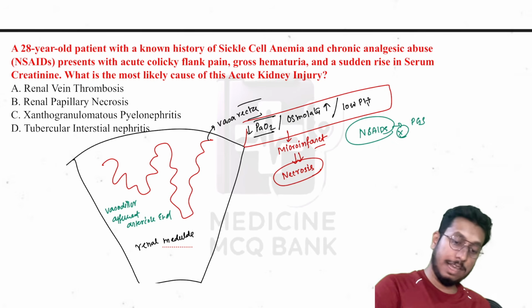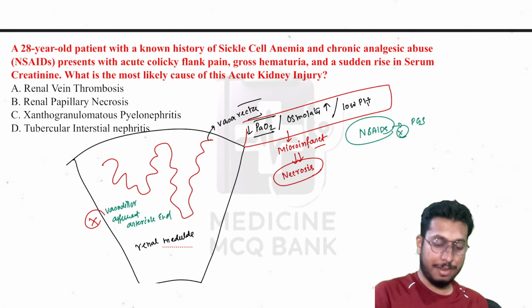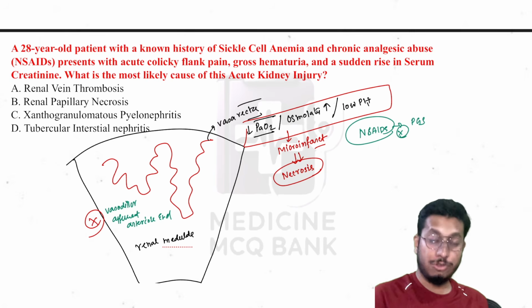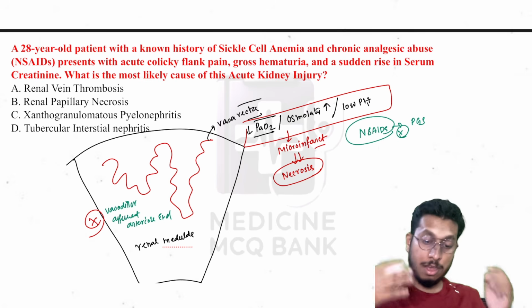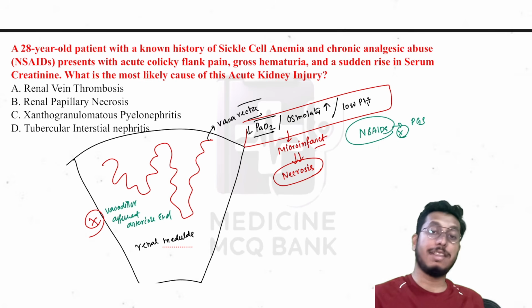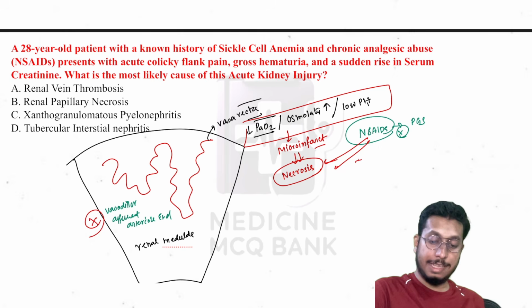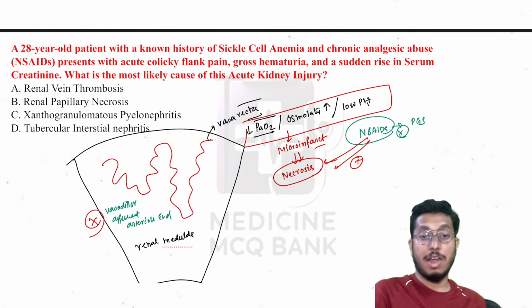So when there is no potent vasodilating action at the afferent arteriolar end, in this particular patient, due to absence of vasodilation there is more vasoconstriction, more decrease in partial pressure of oxygen, more increase in osmolality, and low pH. All of this increases necrosis, particularly in the renal papillae.